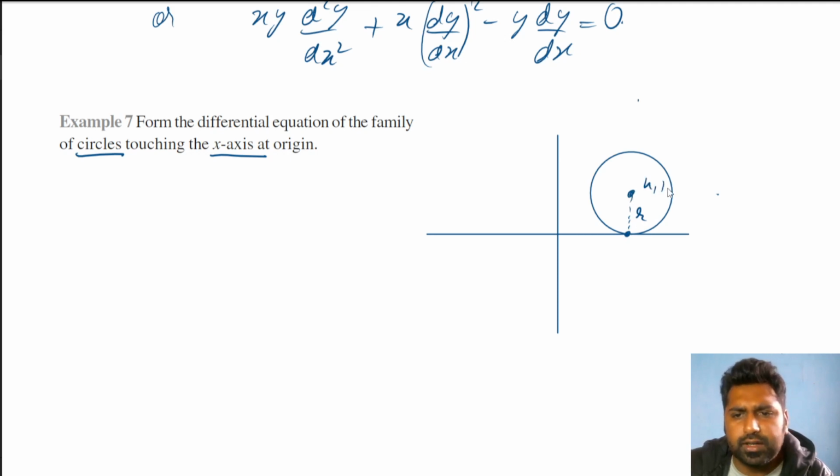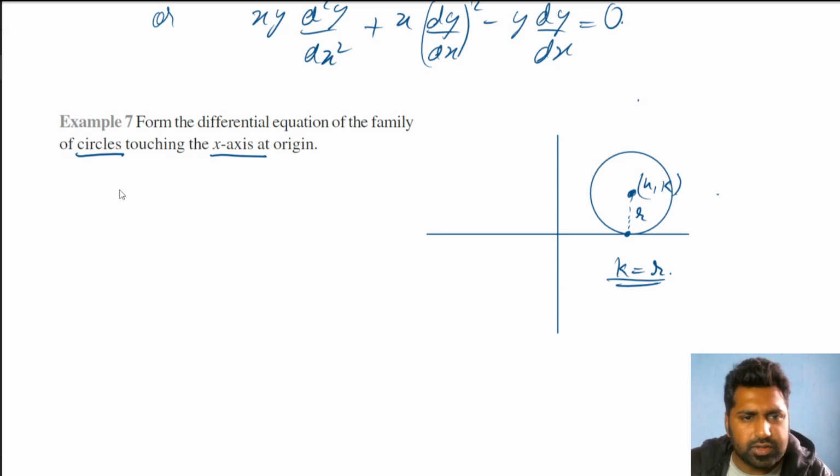Usually the coordinate we take is h comma k. I think I've discussed this concept in circles also, grade 11th conic section circles. Now in order for this condition to happen, the height of the center should be equal to r. That means k should be equal to r. That should be the condition.